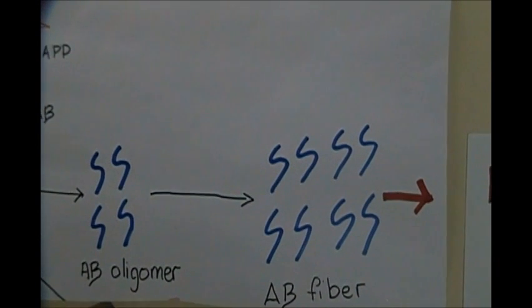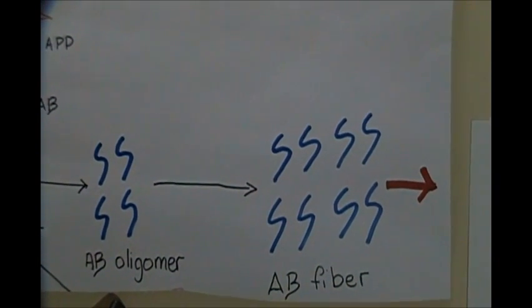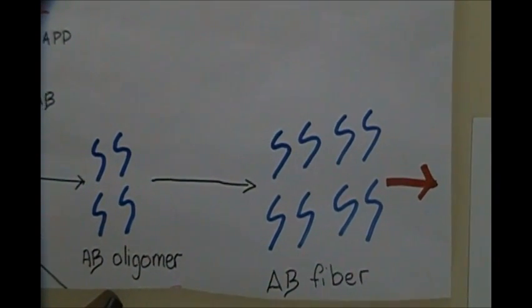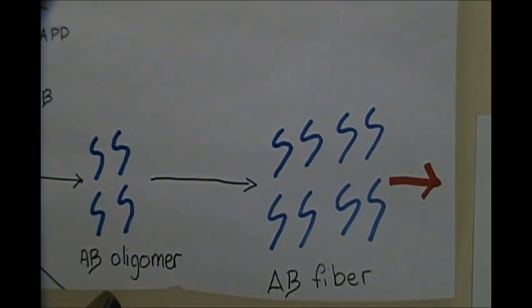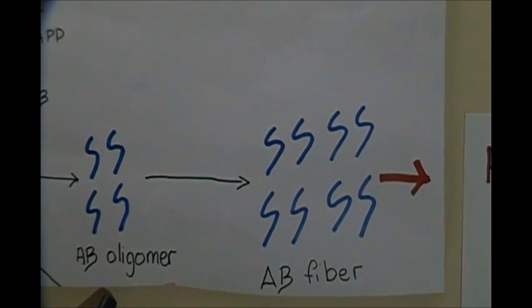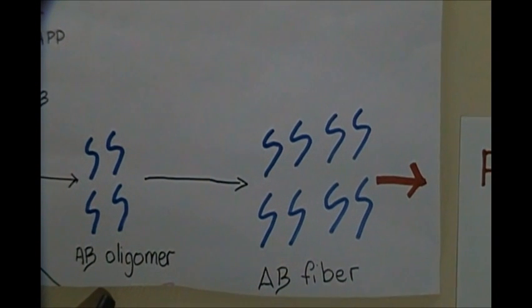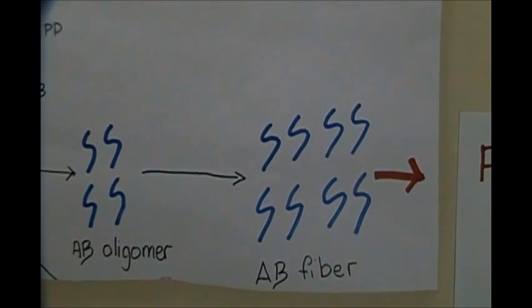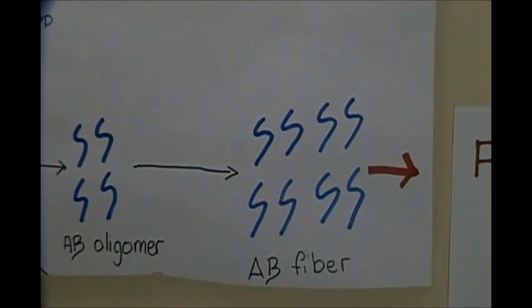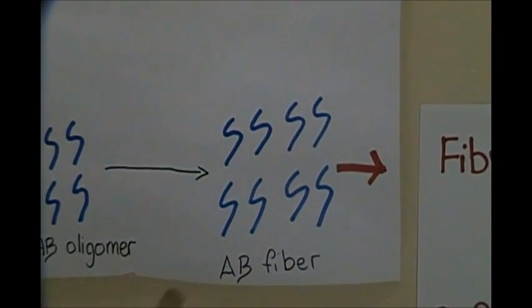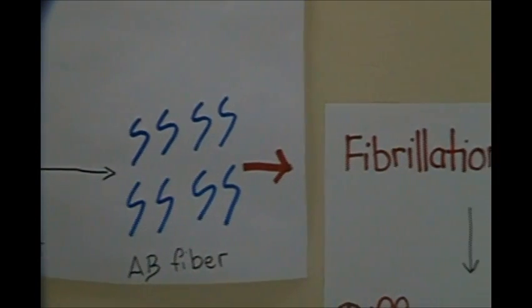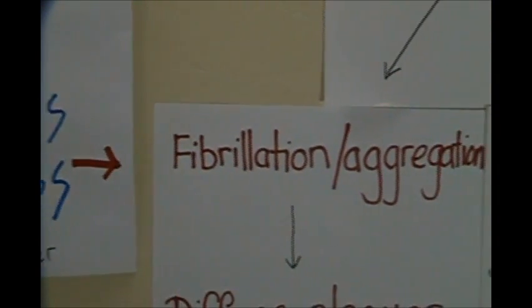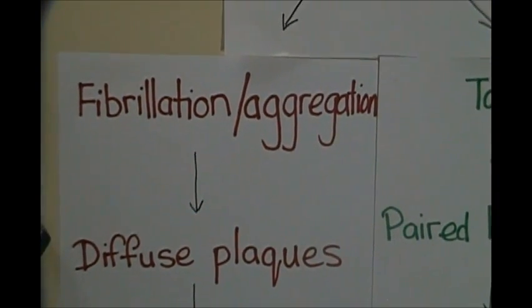Oligomers are also known as amyloid beta derived diffusible ligands. Oligomers of amyloid beta 42 have been shown to cause problems in the communication between neurons. Amyloid beta 42 also produces fibers or fibrils. When they stick together, they form amyloid plaques.